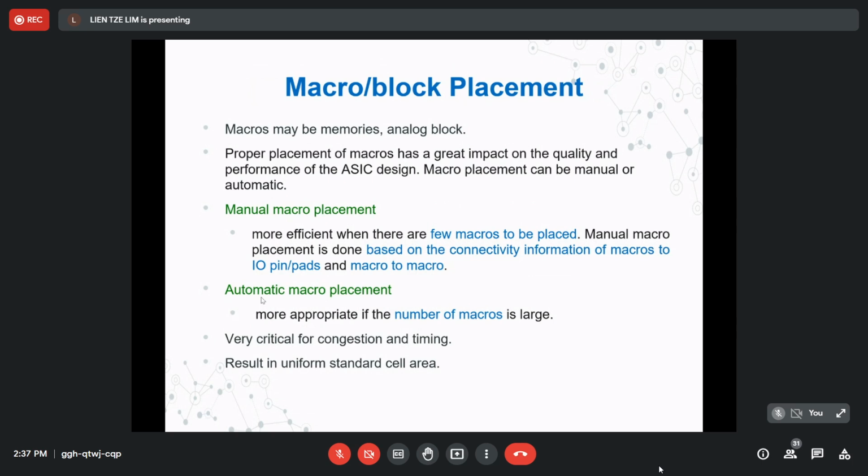So it has to be considered carefully when we place the macros or blocks. If not, it will cause congestion.